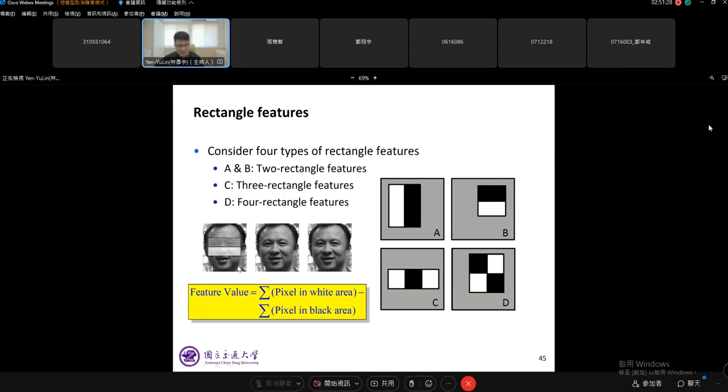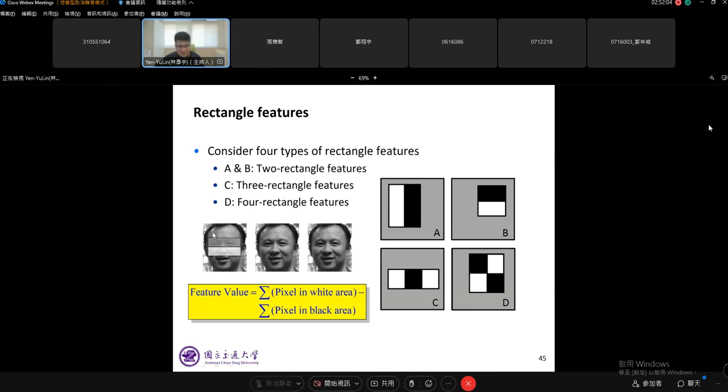How do we calculate the one-dimensional value? This one-dimensional feature value is set to the intensity sum of the white area subtracted by the intensity sum in the black area. It can project one particular sub-window, including face or non-face, into a one-dimensional space.